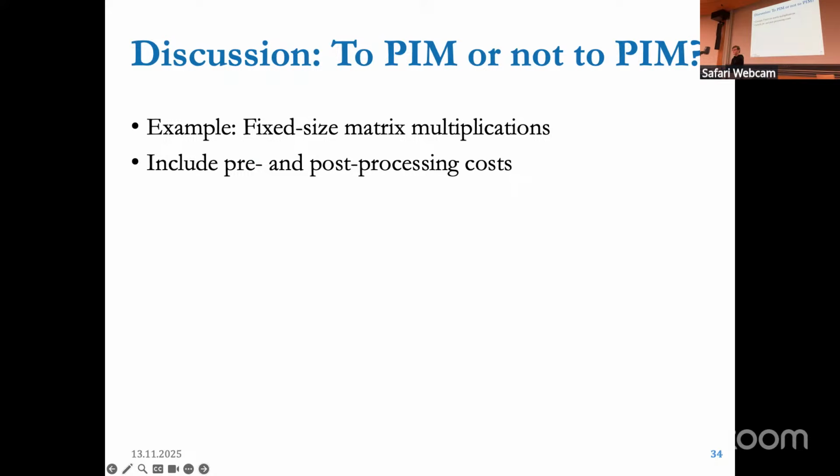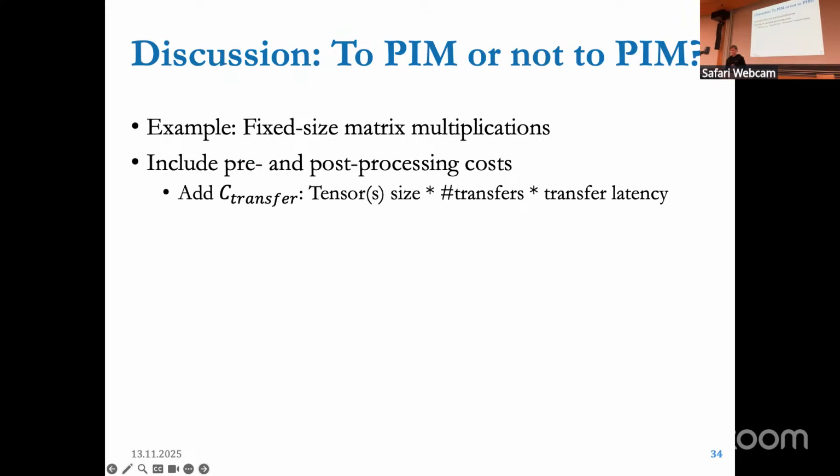So I think the first thing to think about is we need some way to gauge the transfer cost it takes for us to move everything into the processing memory units. And they include some of that in the OptiPIM paper, but not all of the costs that it may have. So we should definitely add that cost.